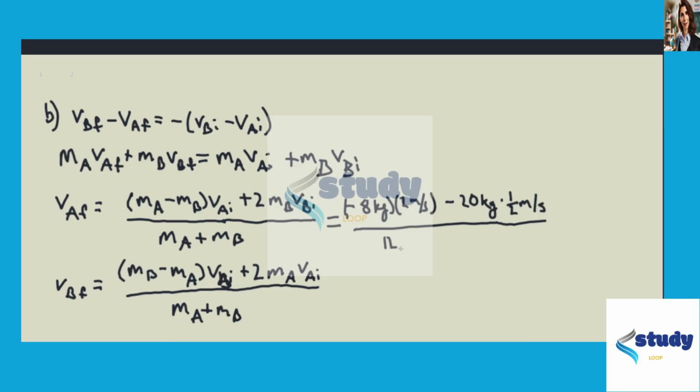All this divided by 12 kilograms. So this is -16 minus 10 over 12 meters per second.